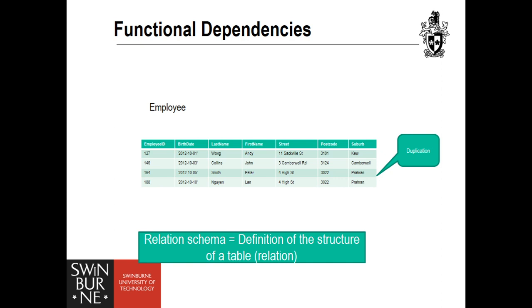Functional dependency. The goal of a good relational design is to design meaningful entities and relationships between them, with the ultimate aim of minimizing duplication.